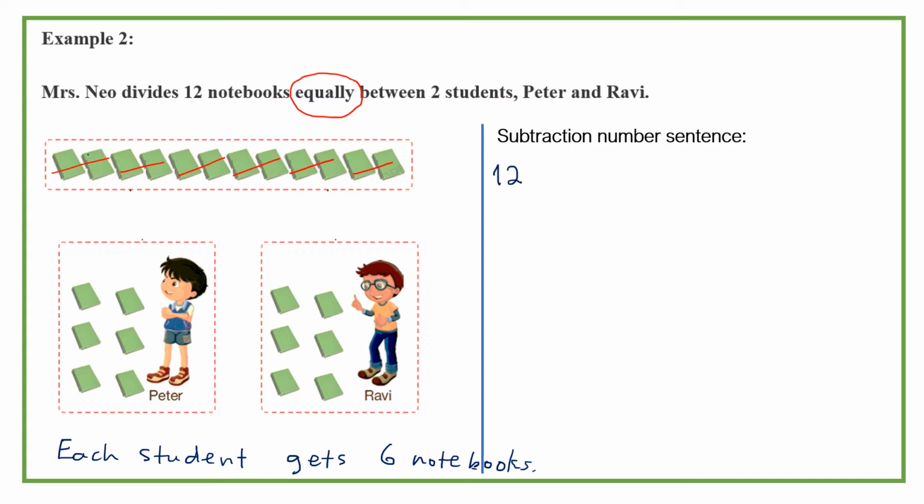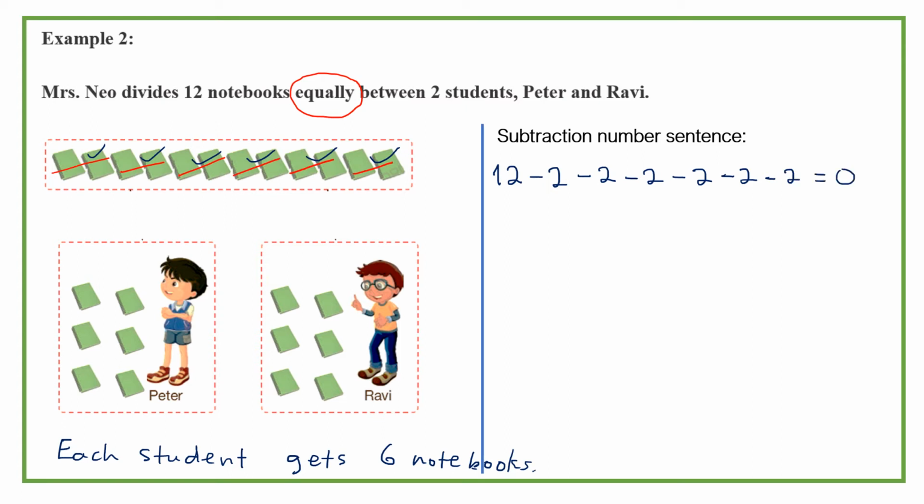We can say minus 2, and then minus 2, and then minus 2, then minus 2, then minus 2, and minus 2, such that we will get 0.